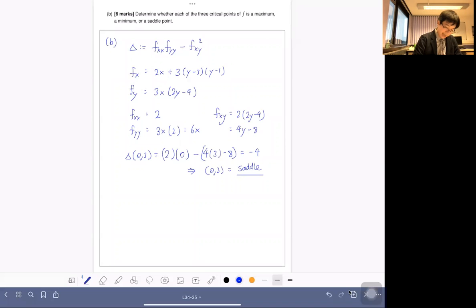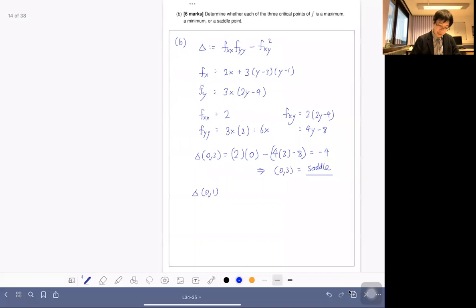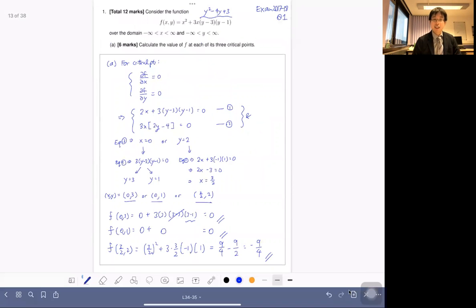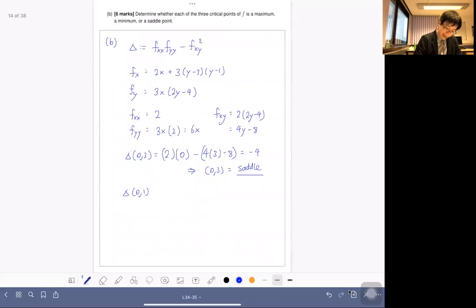Now let's check 0, 1, the second critical point. Again we have 2 times 0, that's the fyy, minus 4 times 1 minus 8. So I have plus 4. That means 0, 1 is either a minimum or a maximum.